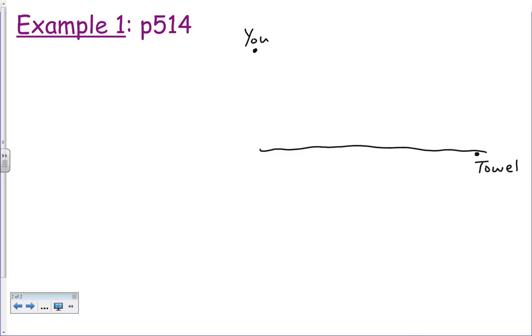You're going to swim from where you are in the water and hit the beach somewhere here, and then proceed walking from that point to your towel. That's the path that you're going to take to get from point A, where you are, to point B, where your towel is.